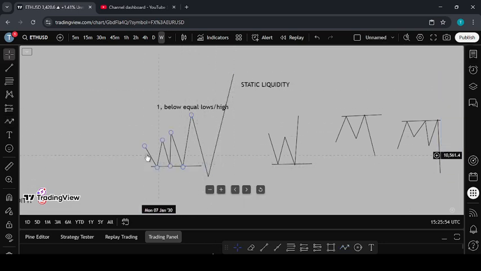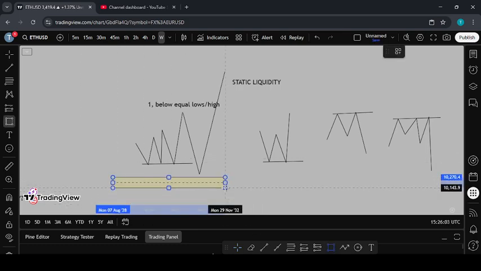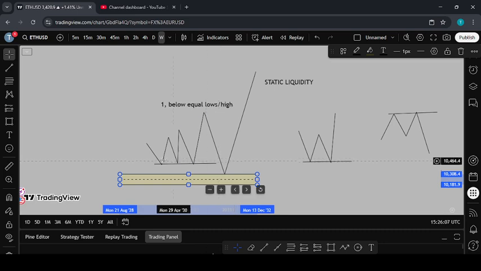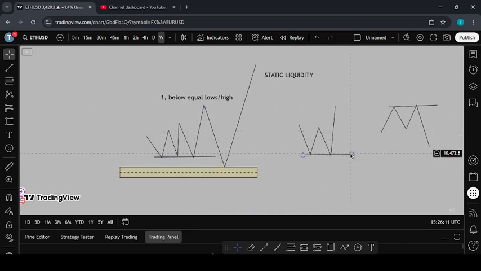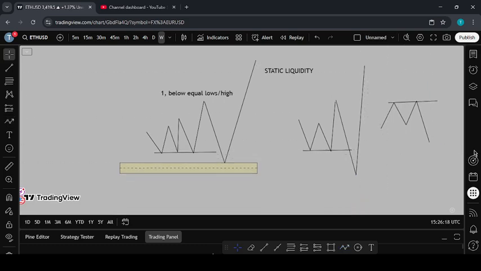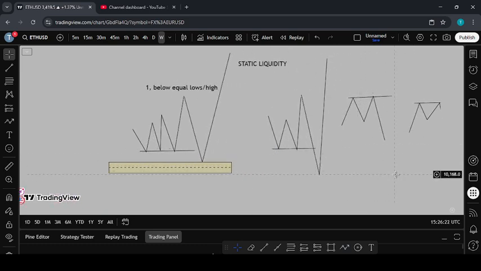This is the kind of thing we SMC traders identify, because once we see something like this, and of course maybe there's a demand zone below this level, we want to pay attention to it, because the market will definitely come and take it out. Where static liquidity is resting, the market will definitely come back and take it out before a continuation to the upside. Same thing in a bearish or bullish scenario, the market will want to come back and take it out.